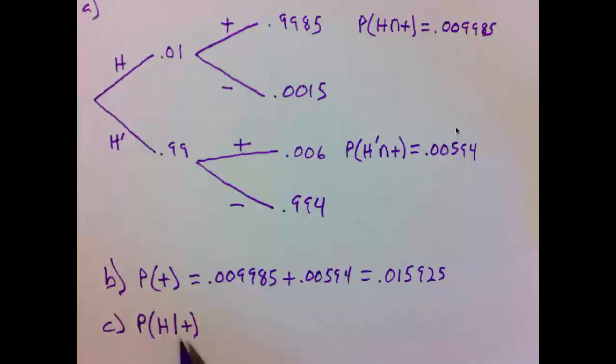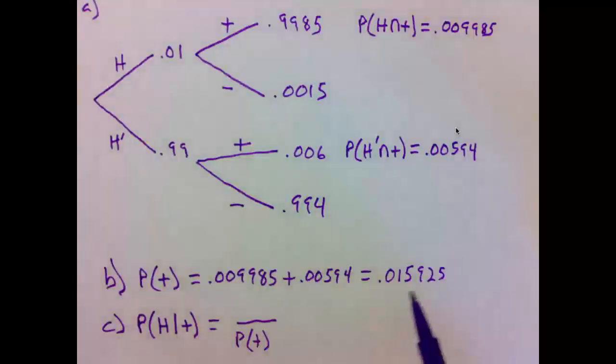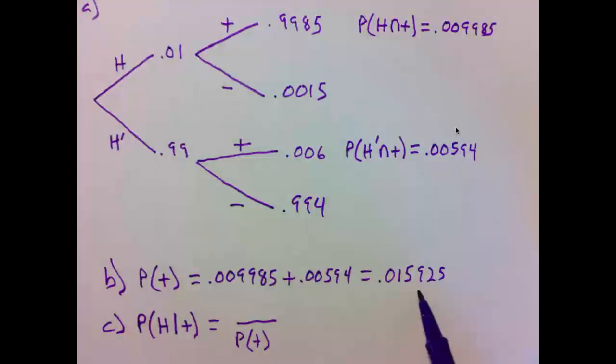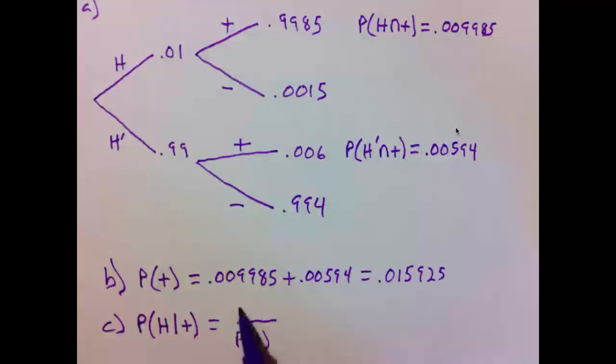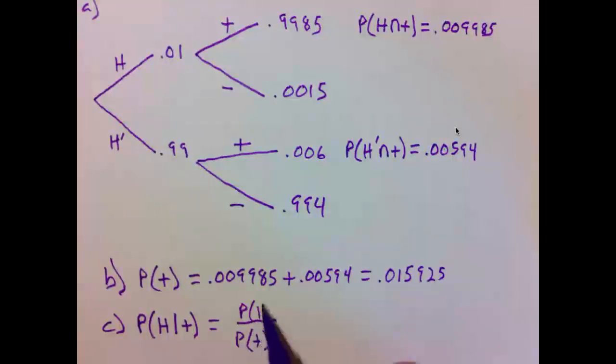Well, first let's define this notation using our formula chart. The formula chart says that the given part is the denominator. So the probability of a positive result is going to be in the denominator. Well, that's that previous sum. The numerator is the intersection of those two. So it's the probability of HIV and positive.